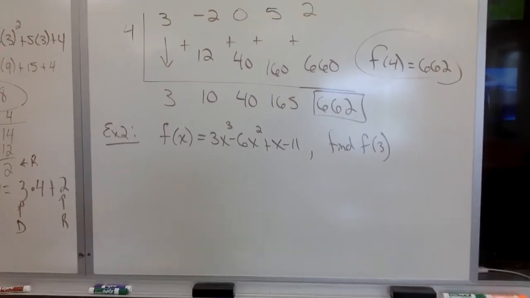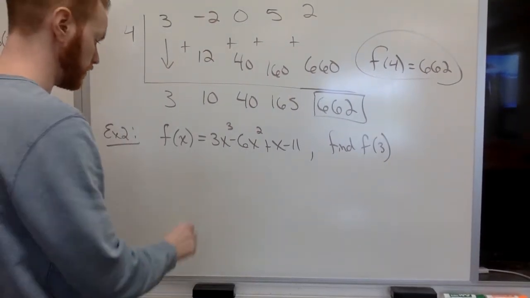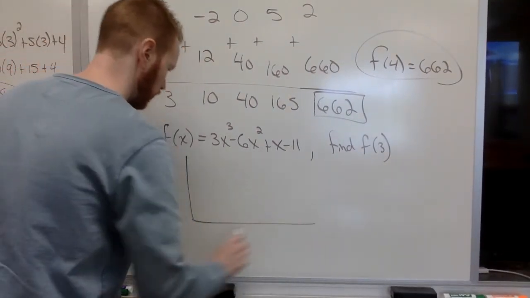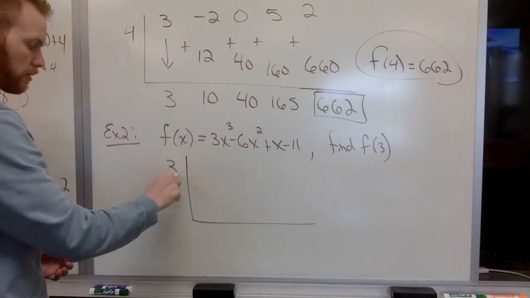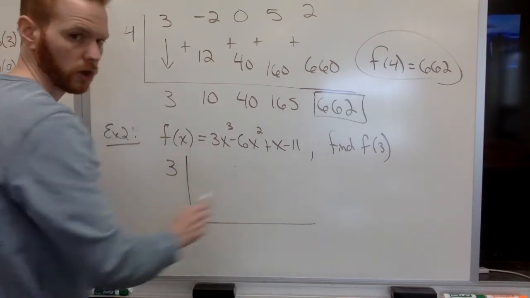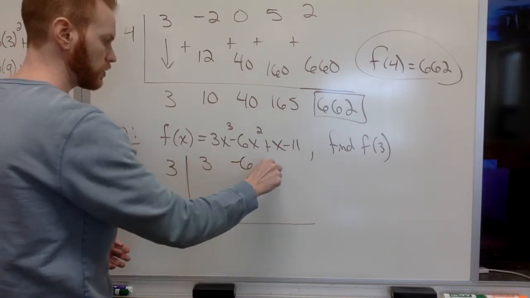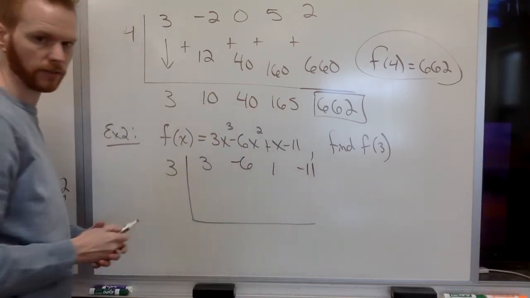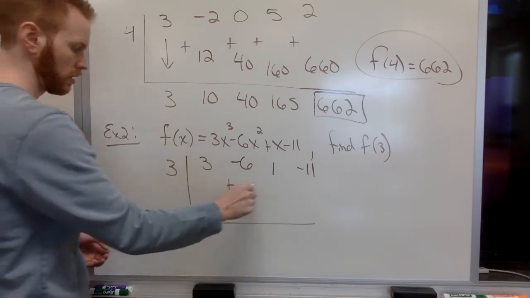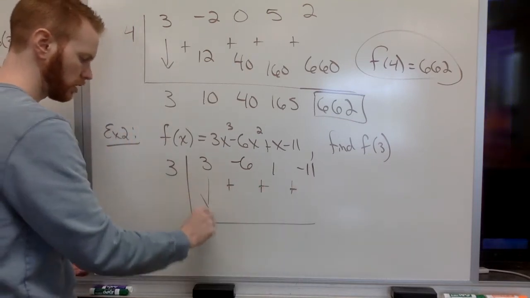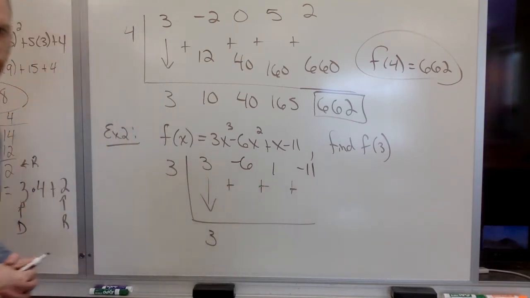And I'm going to use synthetic division. So I'm going to go ahead and put 3 here. The coefficients go up top over there. That's going to be a 3, negative 6, 1, negative 11. We're going to add and then bring down the very first value there.